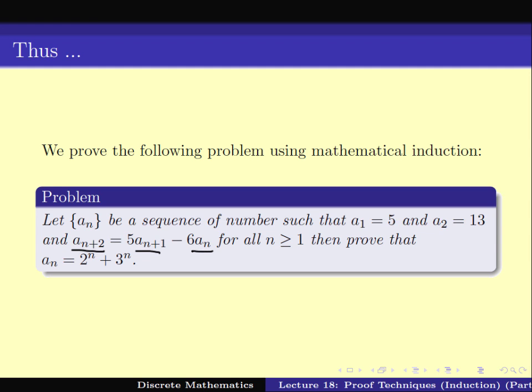In that case, we would have to use some other induction hypothesis. In particular, we will have to use the induction hypothesis where, assuming P_(k+1) and P_(k+2) are correct, we prove that P_(k+3) is correct.